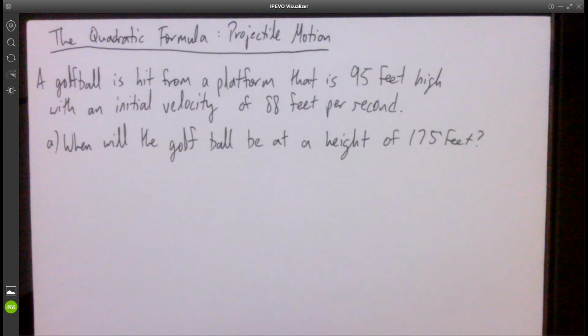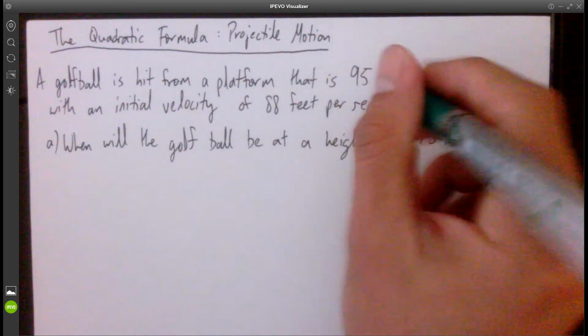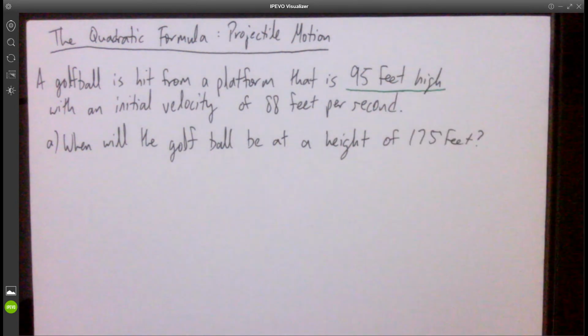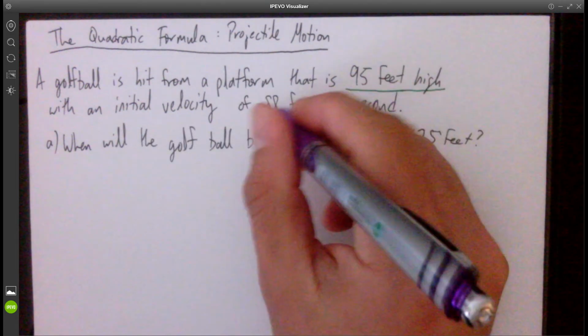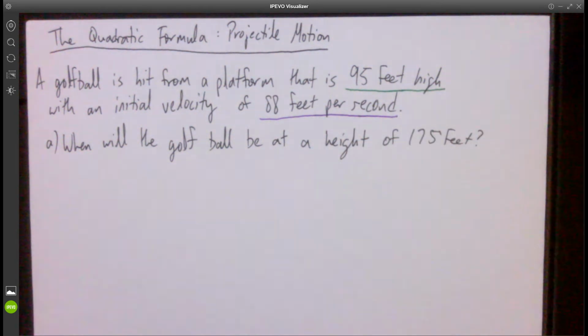So let's identify some of the information given to us. Notice that it's hit from a platform that is 95 feet high, which indicates an initial height. And I have an initial velocity of 88 feet per second. The units right after denote what I'm going to use for each of these.